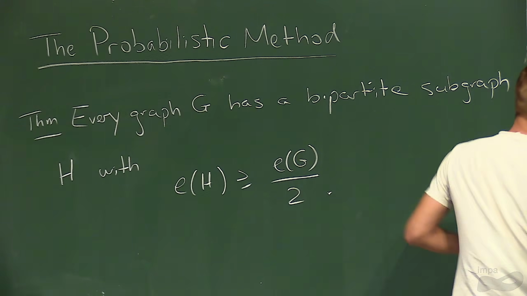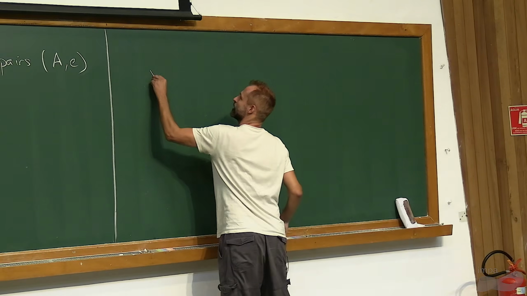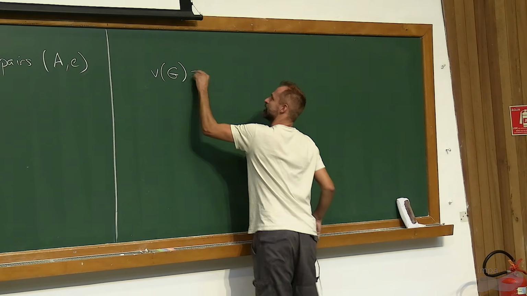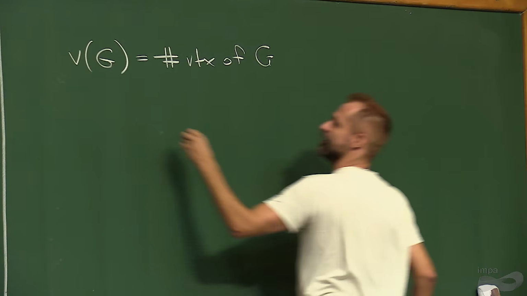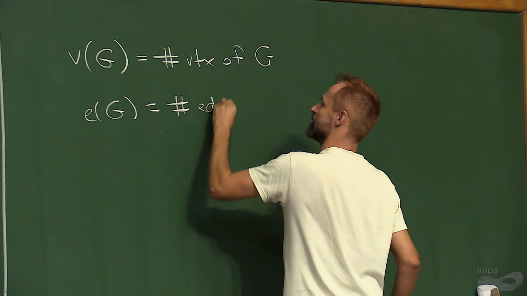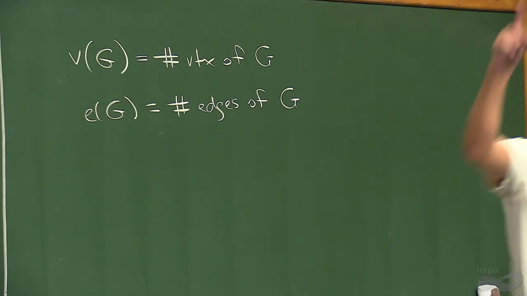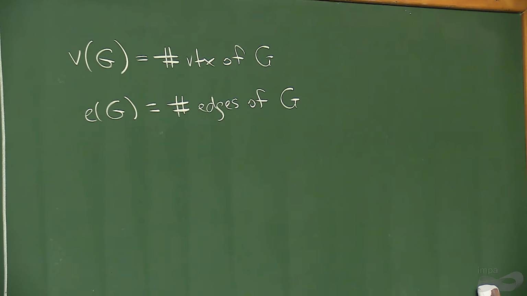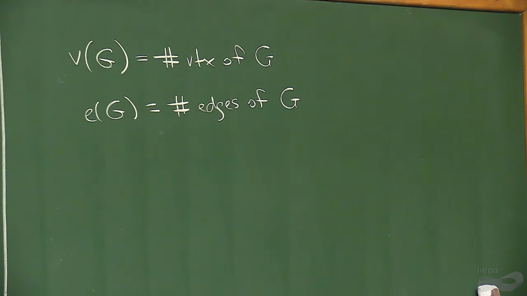So the notation I will use, which is not the same as Alex was using, for example: V of G is the number of vertices of G, and E of G is the number of edges of G. Thank you. Anytime I use a piece of notation and don't define it, please remind me. Thank you.